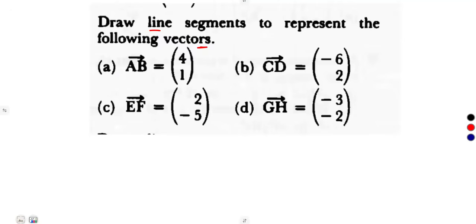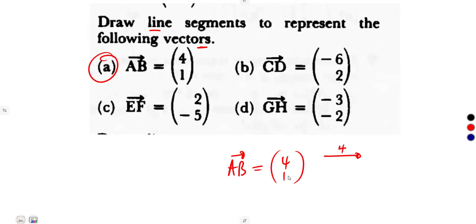The first one is vector AB, and it is 4, 1. AB is given as 4, 1, meaning to say from where point A is to where point B is, we must have 4 units in the x, and that's positive like this, 4.